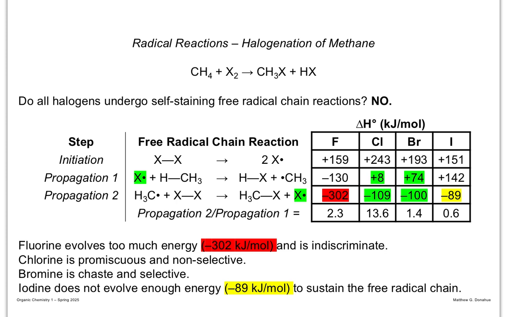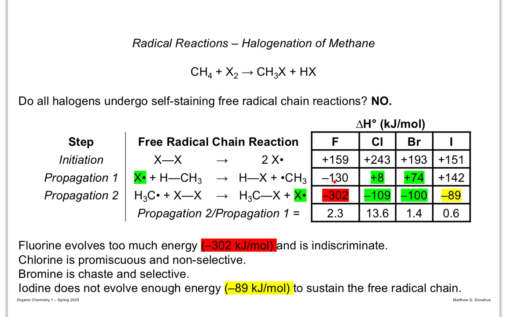So let's take a look at, we'll go through these one by one. So let's look at fluorine first. So propagation step 1 is exothermic. So it's producing energy. Propagation step 2 is also producing energy. So it's producing a lot more than that value just in terms of the magnitude.